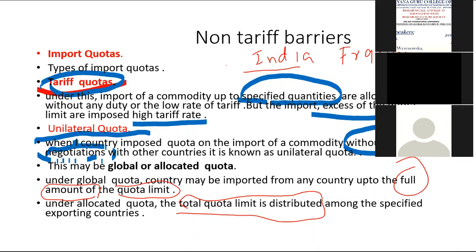That is the meaning. But quota limit, total quota is distributed among the specified exporting country. वही बोला, suppose there are 5 countries, हमारा जितना कोटा है वो 5 कंट्री के बीच में डिवाइड करेगा. That is the meaning.